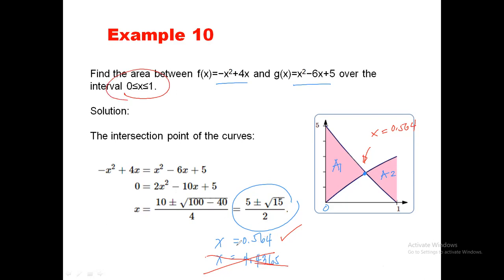So the x that you will use is 0.564. If you already have that particular point of intersection, I know you know what to do. You just get this area here and this area here. For this area, your limit will be 0 to 0.564. For this area, that would be 0.564 to 1. You will still use the vertical elements because that will make a consistent representation of your differential element.